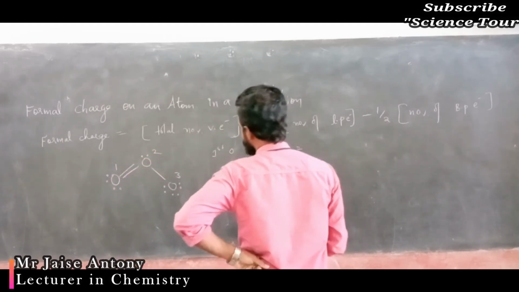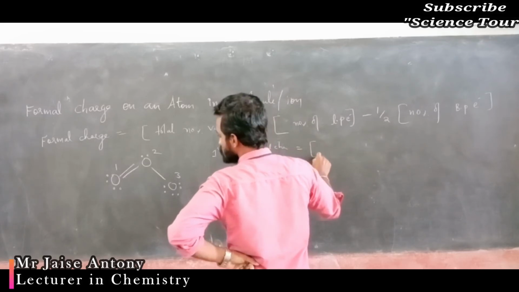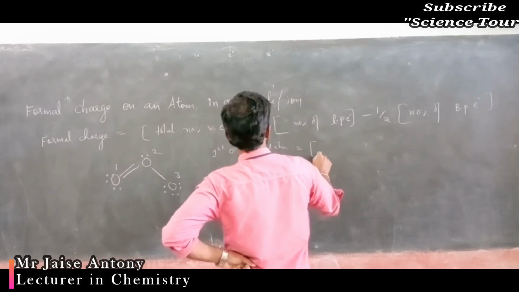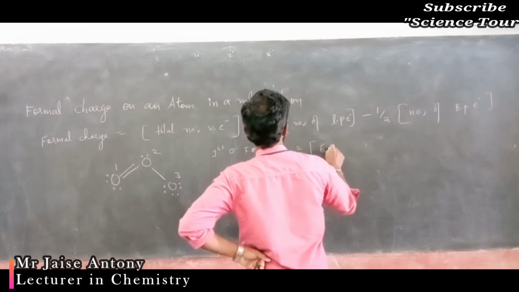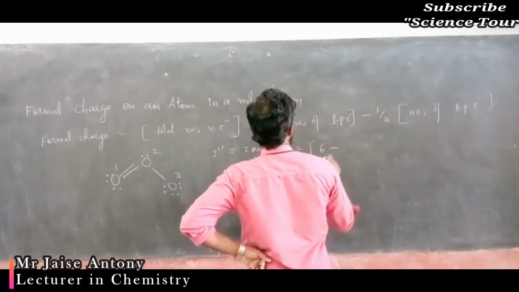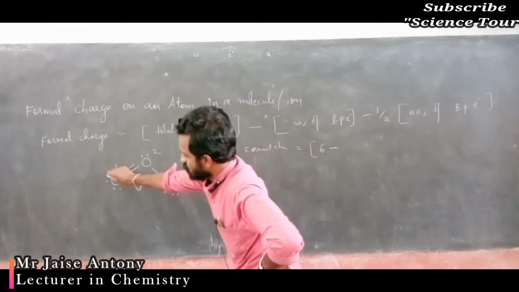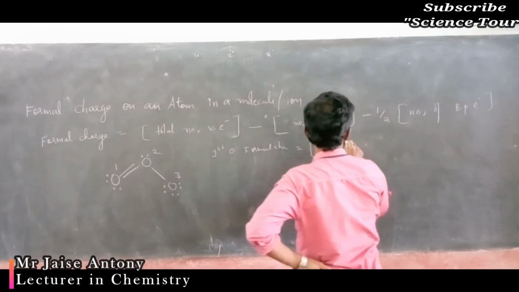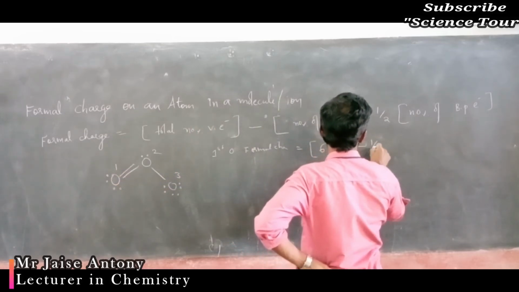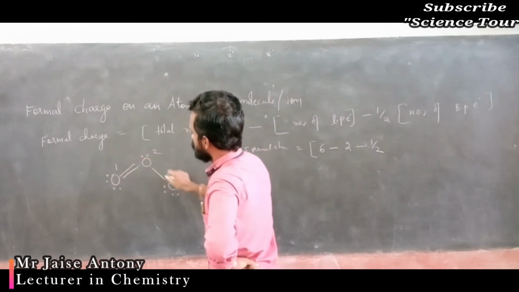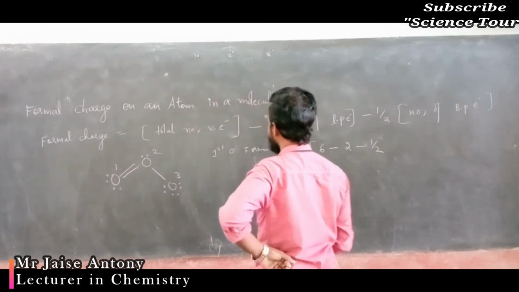Total number of valency electrons of oxygen is 6, minus number of lone pair of electrons, 2 lone pairs, minus half into number of shared pair of electrons.